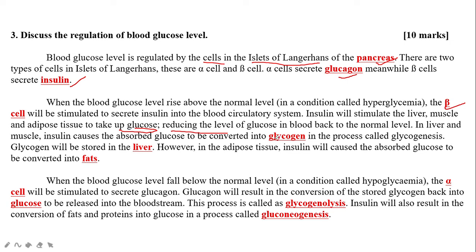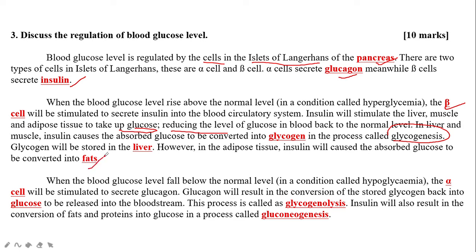The name of the process is glycogenesis. Okay, so glycogen will be stored in the liver. However, in the adipose tissue, insulin will cause the absorbed glucose to be converted into fats.